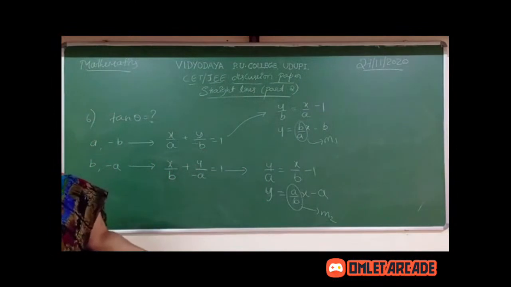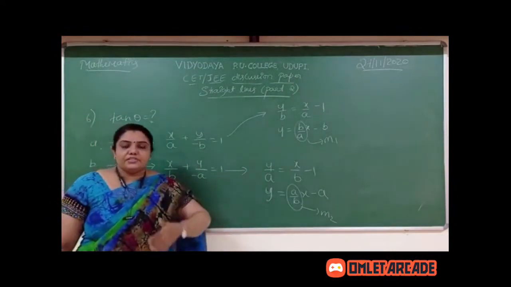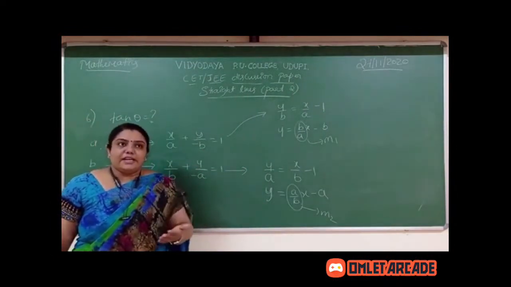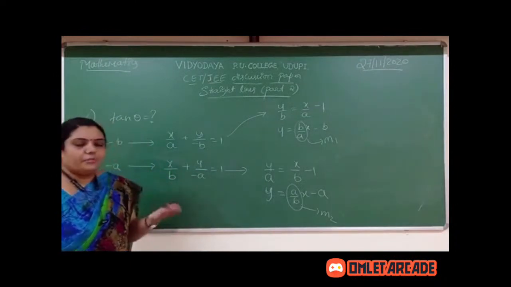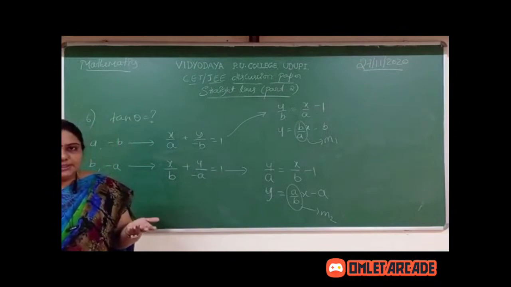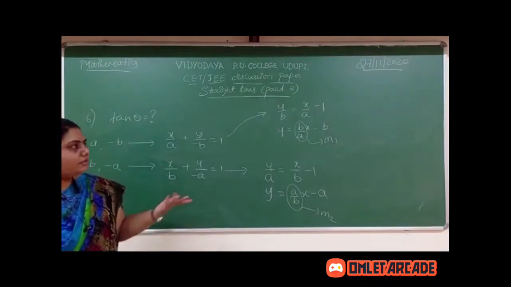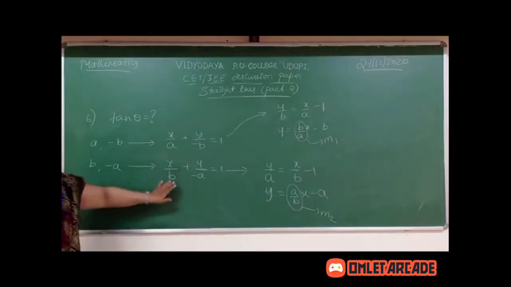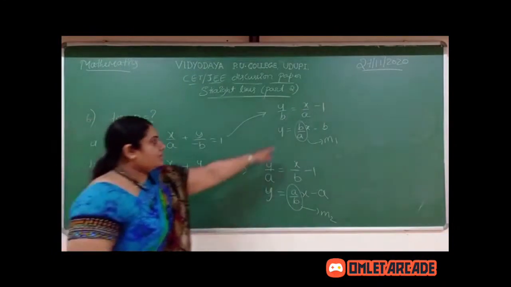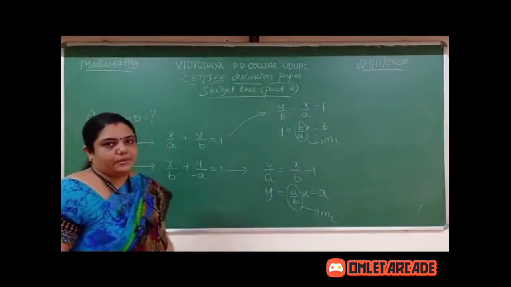Or you can use the formula. Do you remember when you are finding general equations and various equation forms, in the general equation you know the formula of finding slope, isn't it? So minus a by b. Similarly, here a and b are not the same. It depends. So you will get these 2 as slopes.